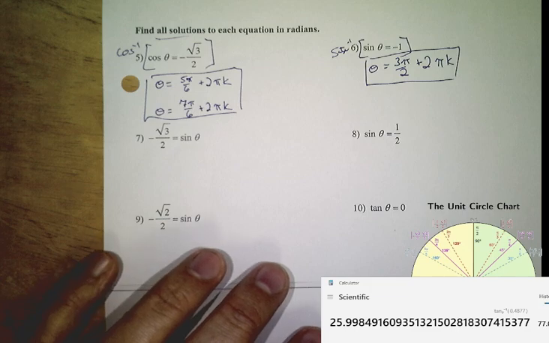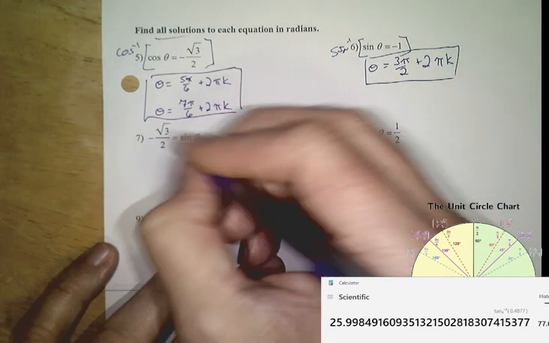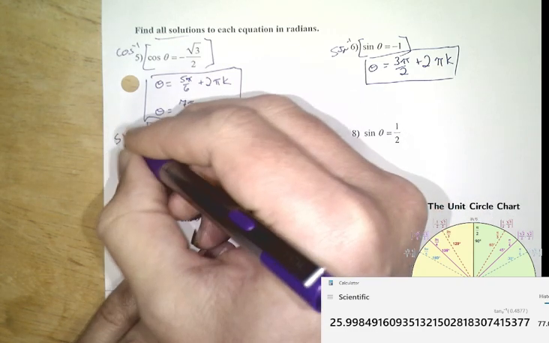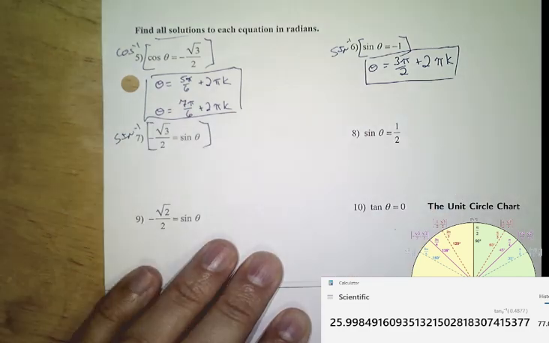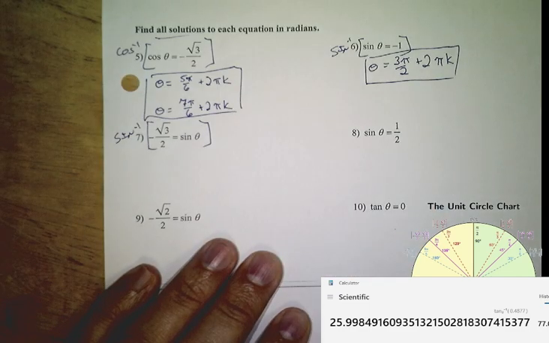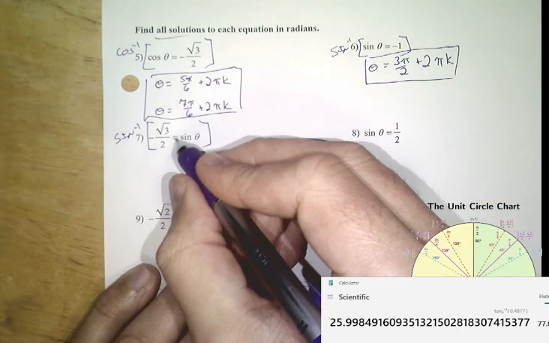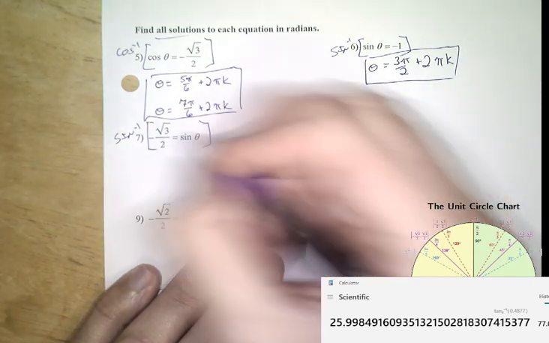Sine theta is equal to -√3 over 2. So take the inverse sine of both sides. That's going to be in quadrants 3 and 4, so I think that's the over 3's.